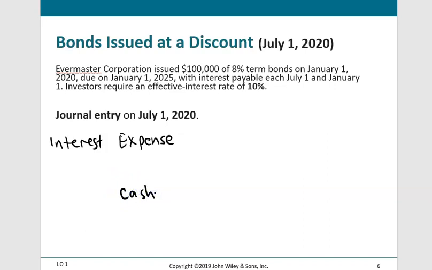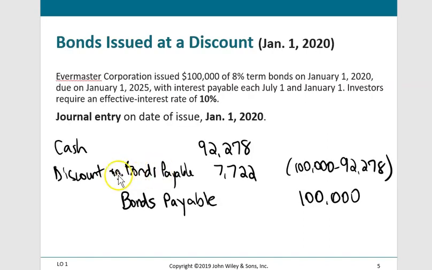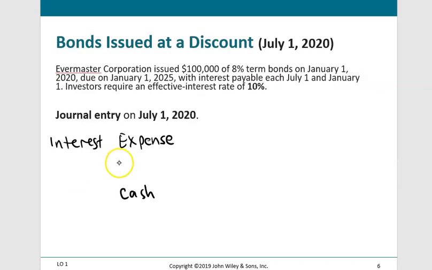And we're also going to need to record an entry, just like we did, looking just at accounts. It's going to be very similar to what we did using the straight line method, where we're reducing the balance in the discount on bonds payable. The discount always carries a debit balance. So in order to decrease the balance in the discount, or amortize the balance in the discount, we're going to book a credit to discount on bonds payable.